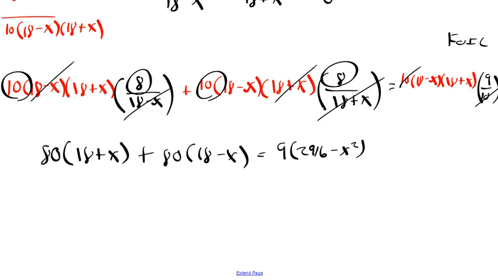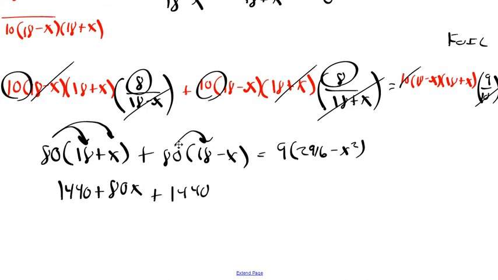Let's multiply these all out. 80 times 18 will give us 1440, plus 80 times x, 80x, plus 80 times 18 is 1440, and then 80 times negative x, negative 80x.